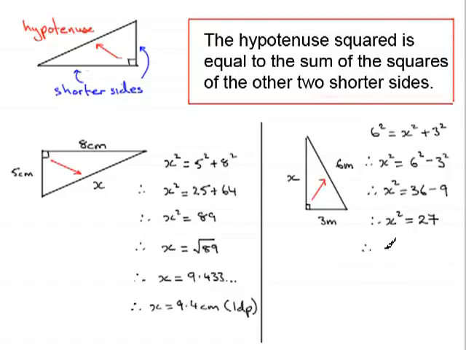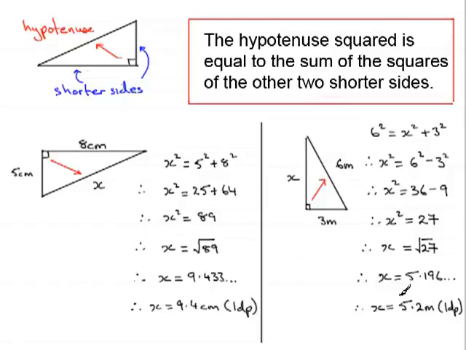So the square root of x squared is x, and the square root of 27 we'll just write in like that. So using a calculator, we therefore have the square root of 27 is 5.196 and so on. And so therefore, rounding this say to 1 decimal place, we have x equals 5.2 meters. And don't forget to write the 1 decimal place in.